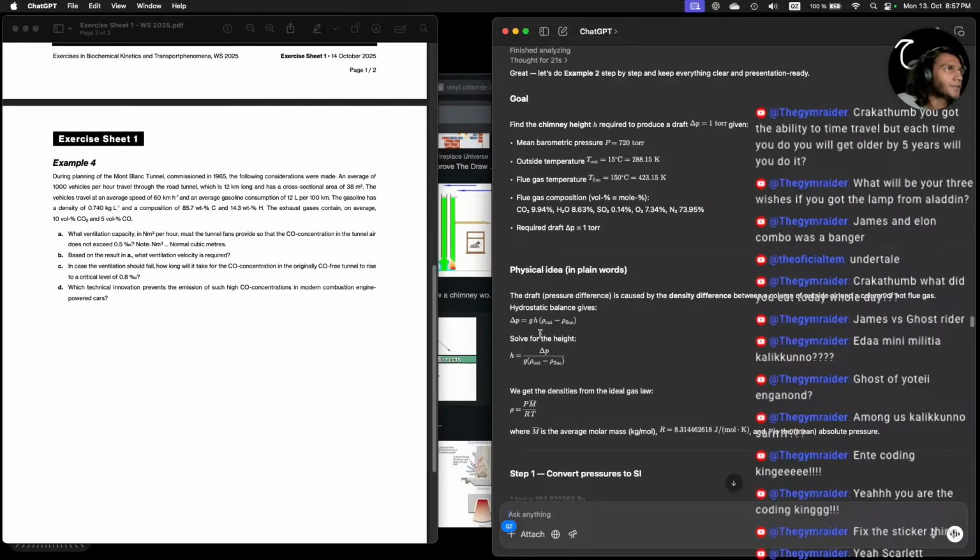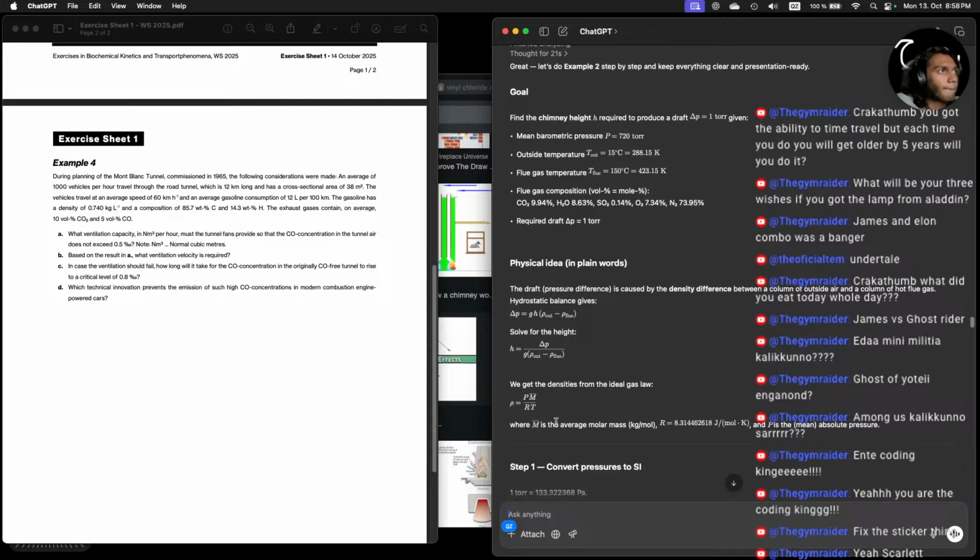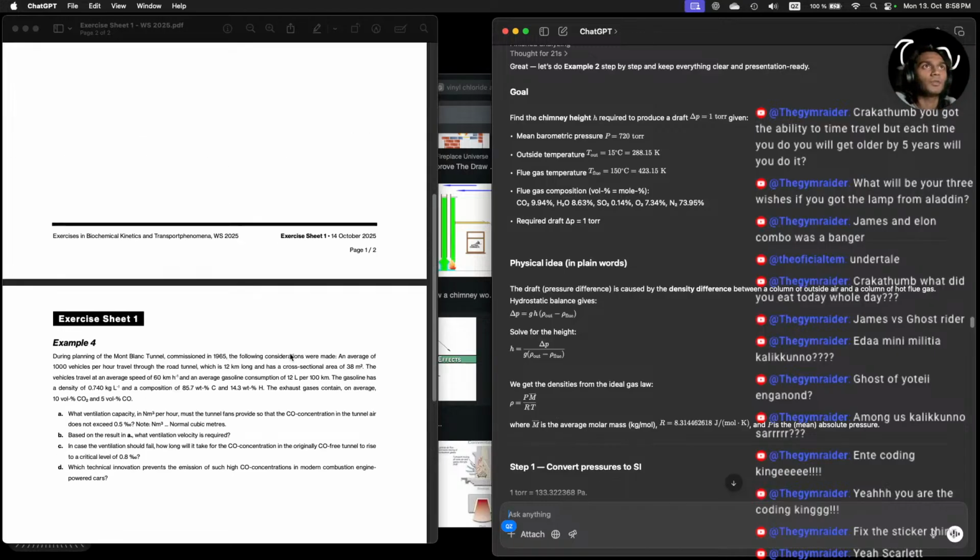It's caused by the density difference between a column of inside air and a column of outside air, the column of hot air. Hydrostatic balance gives the formula; solve for height h. Okay, that's the formula. We get the densities from the ideal gas law, where M is the average molar mass.